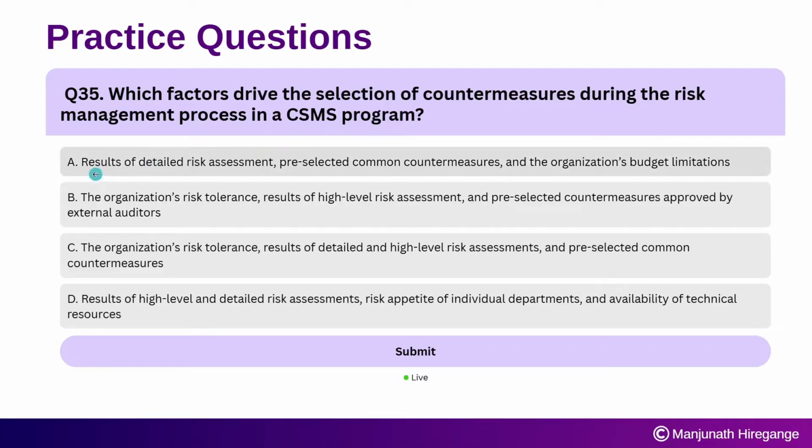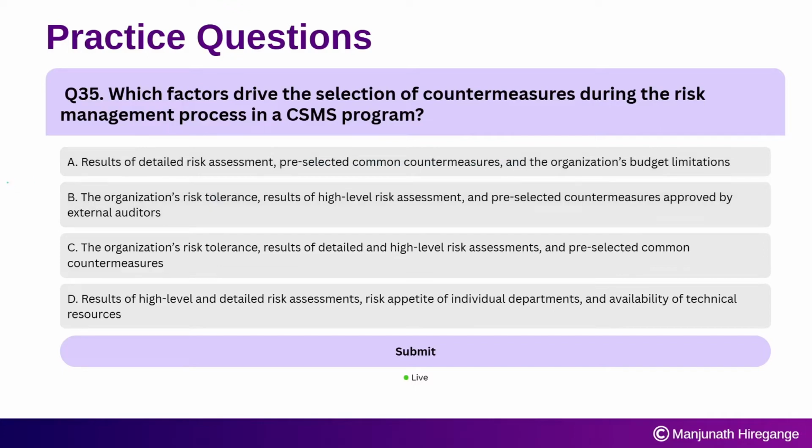So your options are: results of detailed risk assessment, pre-selected common countermeasures, and the organization's budget limitations. Is this the right answer? No, right? Because budget limitations are not explicitly a driving factor. It may influence at the implementation stage. So option A is ruled out.